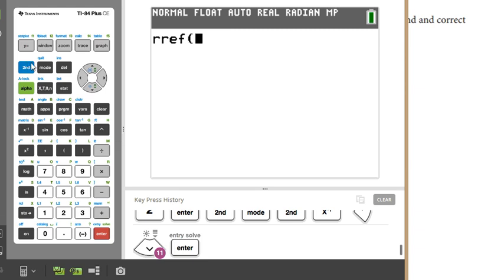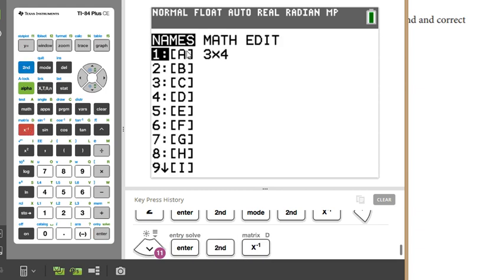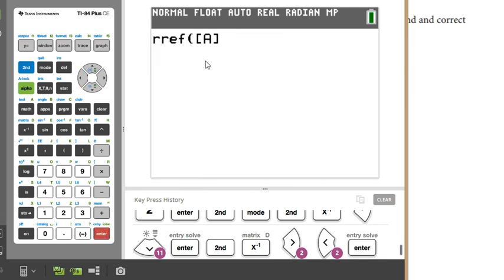I'm going to go back to matrix one last time, second matrix, and we enter matrix number 1, this matrix here, right, 3x4. It's already entered and saved, so I go to names and press enter, and it goes right in here.